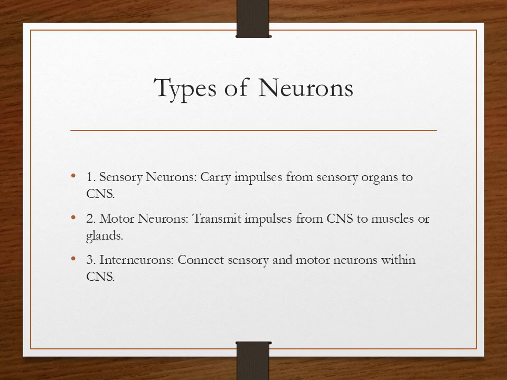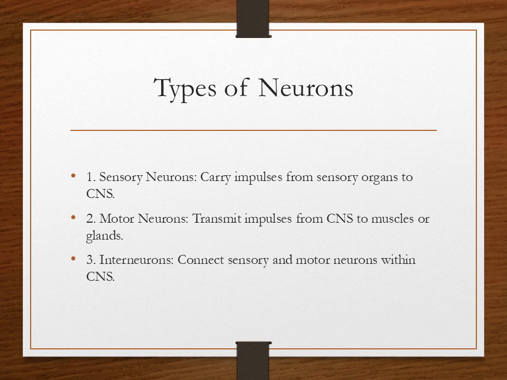Next we shall see the types of neurons. Generally the neurons are classified as apolar neurons, unipolar neurons, bipolar neurons, pseudo-unipolar neurons and also multipolar neurons. Functionally, they may be classified as three types.